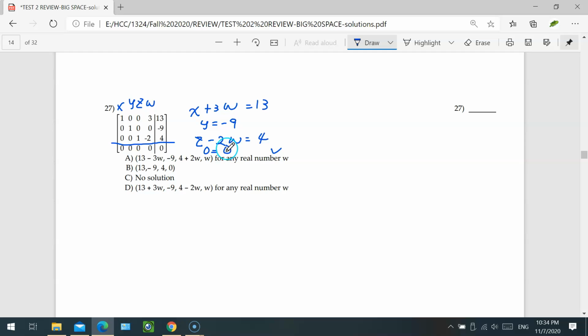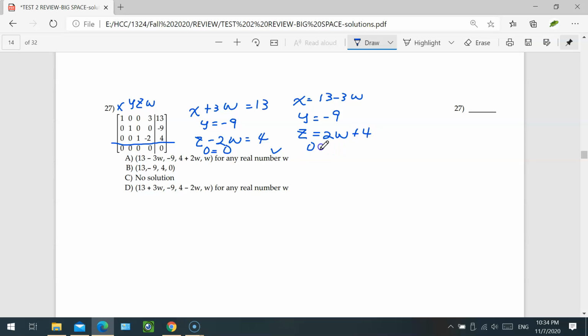the system of equations. However, we have the w here. W is an unsolved variable. So the only way we can write the solution would be x equal 13 minus 3w, y is equal to -9, and z is equal to w plus 4.